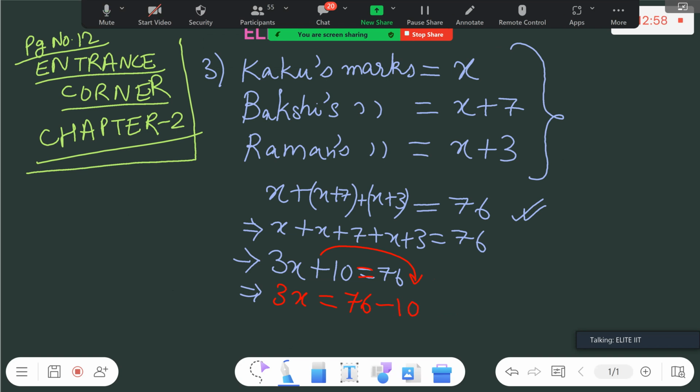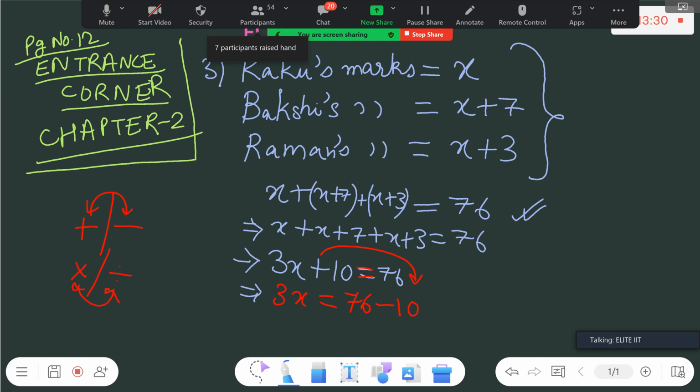Plus will become minus. If it was minus, it would have become plus. If it was multiplication, it would have become division. And if it was division, it would have become multiplication. These are the reverse things. Plus and minus are reverse, and multiplication and division are reverse. Okay?